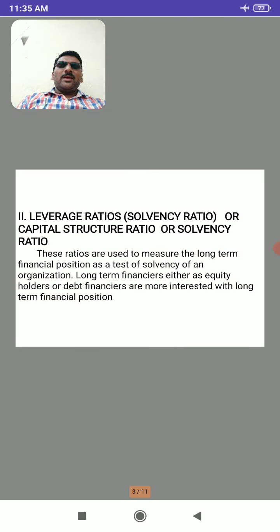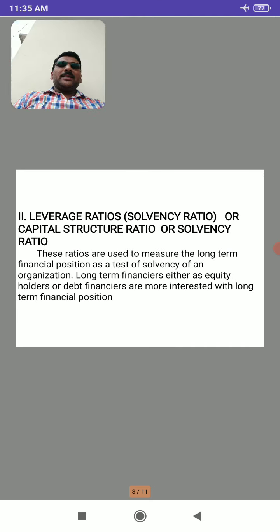After studying the liquidity ratios, we have studied them very briefly and very cleanly.